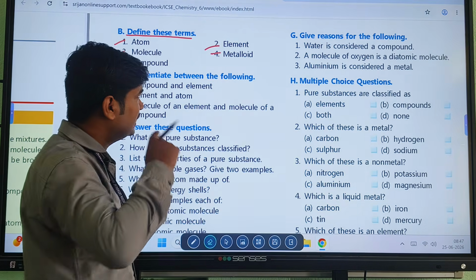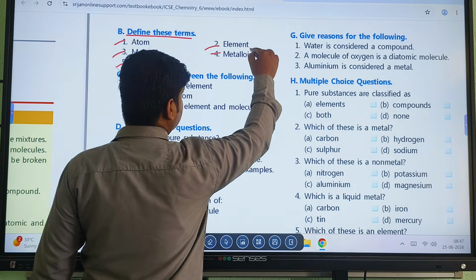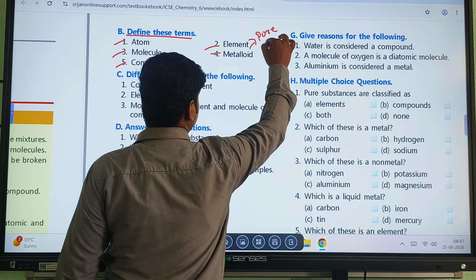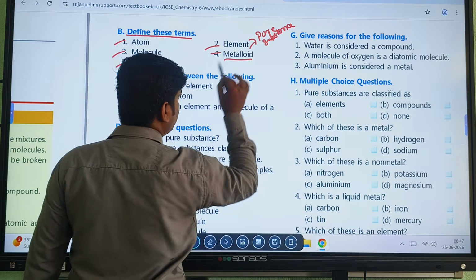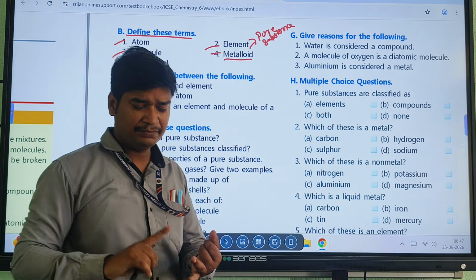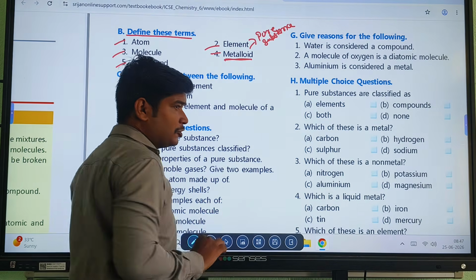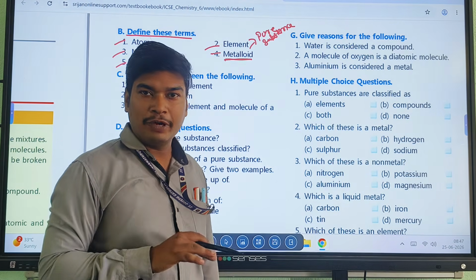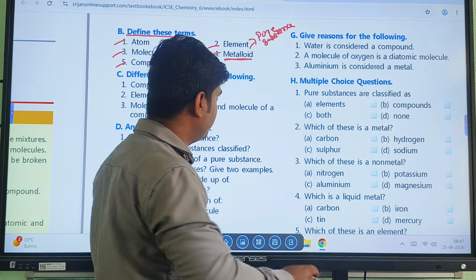Now, what is element? That is the pure substance. Metalloid. What is metalloid? There are 3 types of material: metal, non-metal, and metalloid. So metalloids are those materials or those metals, those who have both property, metallic property also and non-metallic property also.